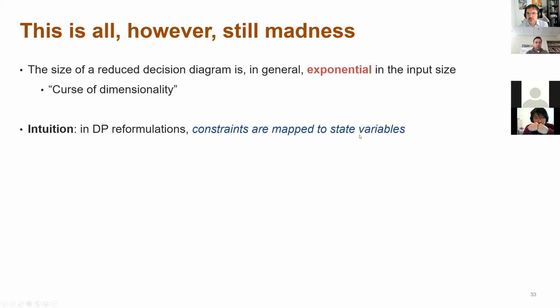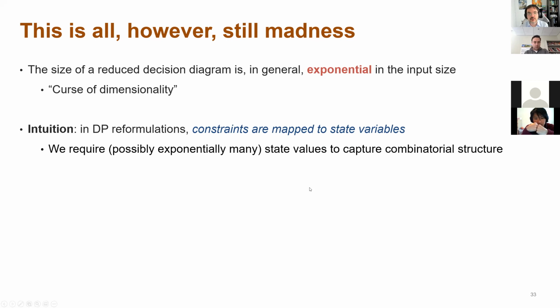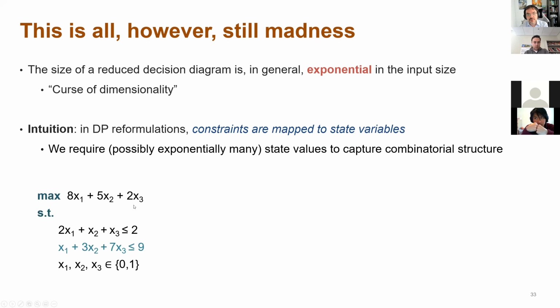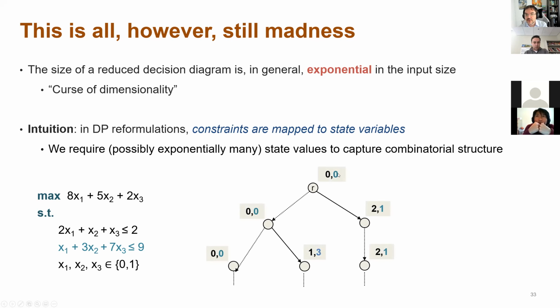And there's an intuition for why that happens: in DP, the constraints are mapped to state variables, in the sense that for every constraint you need an associated state that controls whether the constraint is being violated or not. If you add just one additional knapsack constraint here, in our example, you need another state controlling the left-hand side, the load of this other constraint.